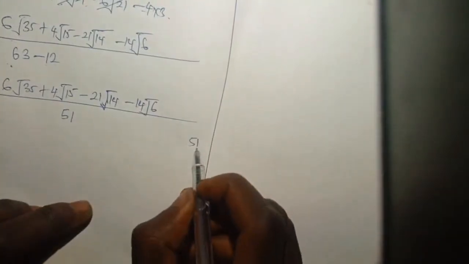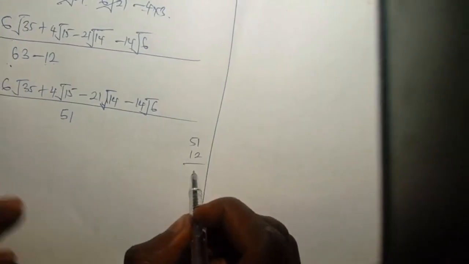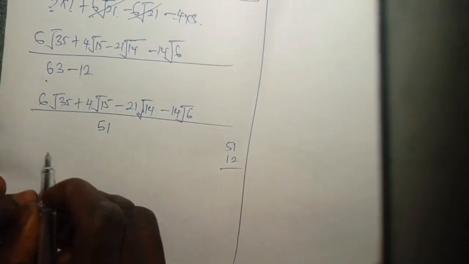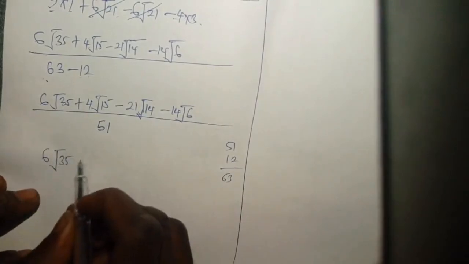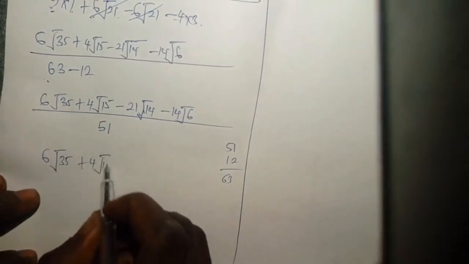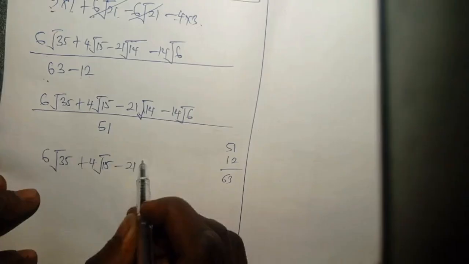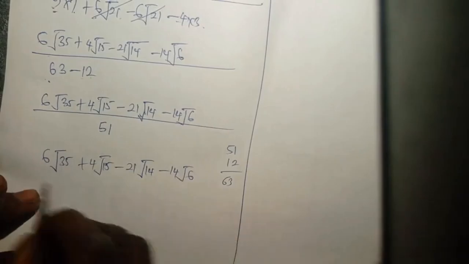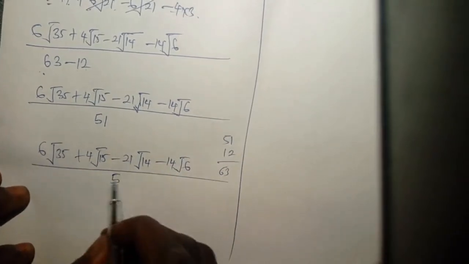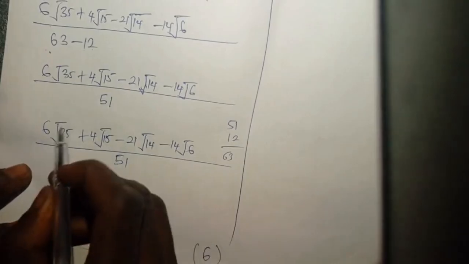Because 51 plus 12 is 63. Then 6 root 35 plus 4 root 15 minus 21 root 14 minus 14 root 6 all over 51, right?